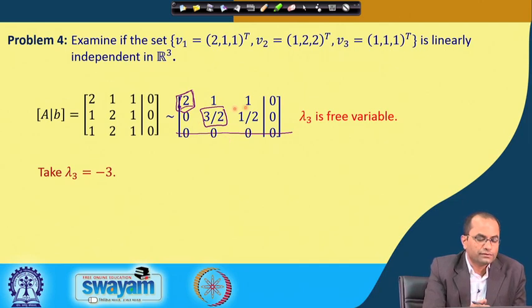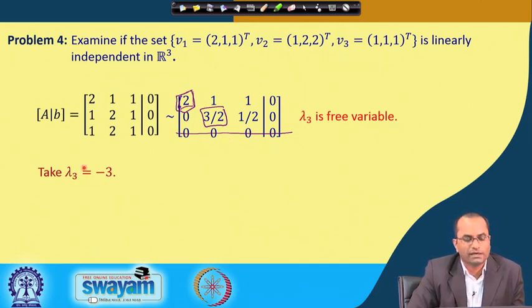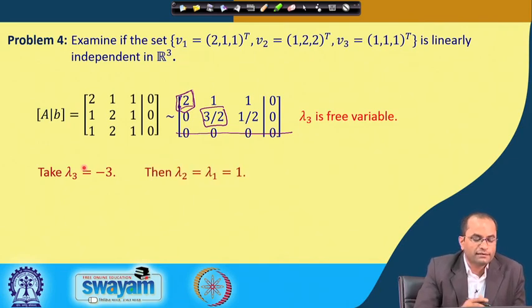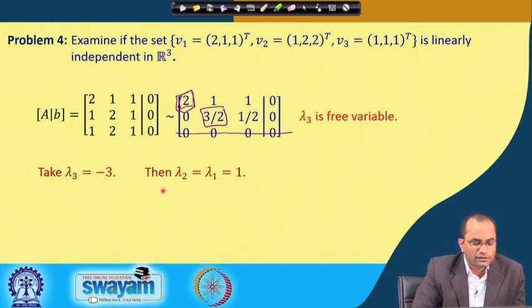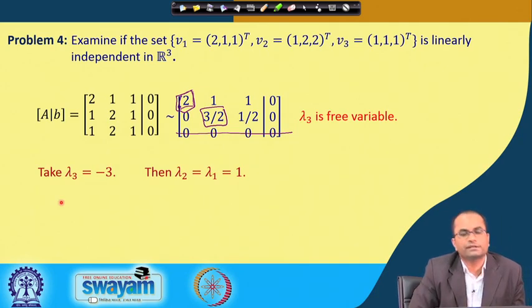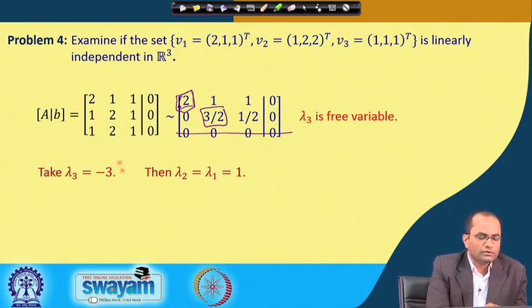Lambda 3 is a free variable, which we can choose whatever we like. Just for simplicity of calculation, we have taken lambda 3 equal to minus 3, and then lambda 2 and lambda 1 we get from equation number 2 and equation number 1. Once we fix lambda 3, we can take any other number also.